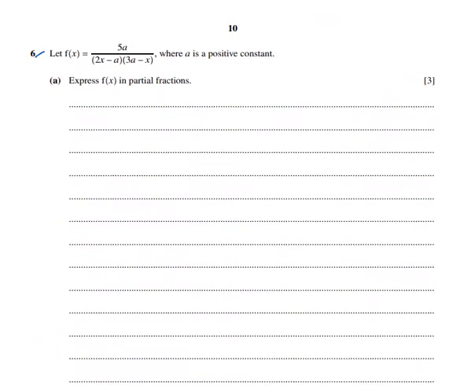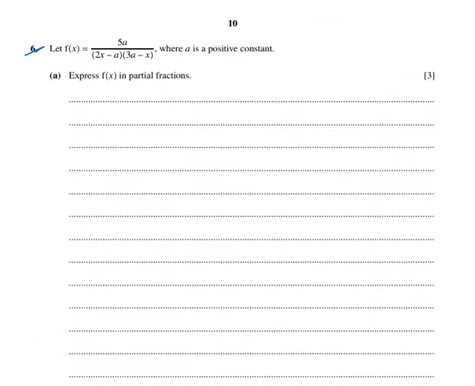Question number 6, it says, let f of x is equals to 5a divided by 2x minus a into 3a minus x, where a is a positive constant, express f of x in partial fractions. So let us write the question, 5a divided by 2x minus a, 3a minus x. So the partial fraction for this, the denominator is linear multiplied by linear, so it will be a divided by 2x minus a plus b divided by 3a minus x.